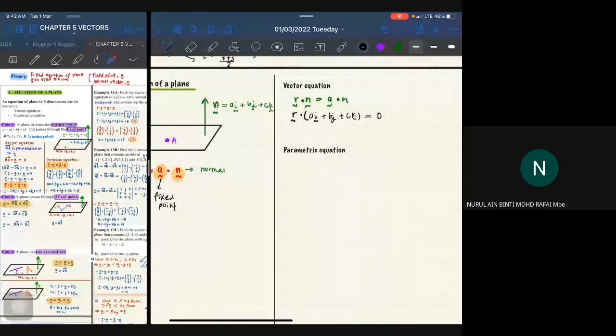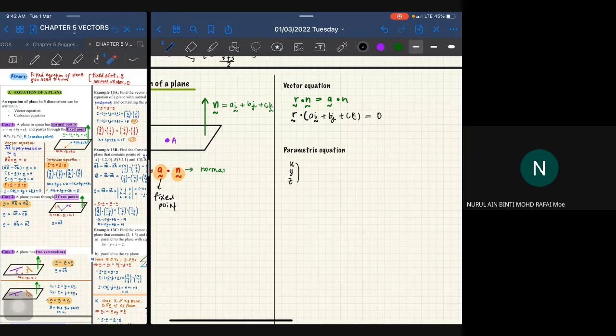So you have x, y, z over here. And then you dotkan dia dengan normal, so you have your normal is a, b, c. This one.